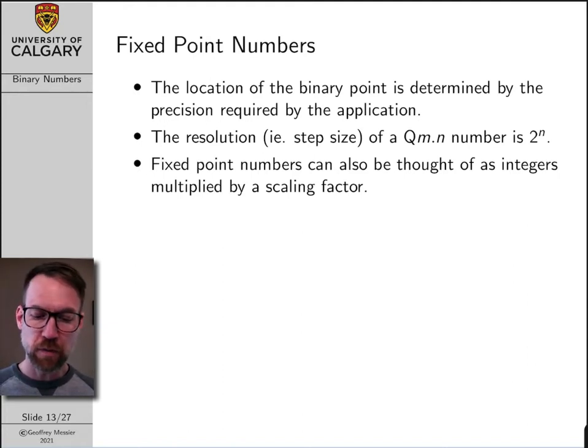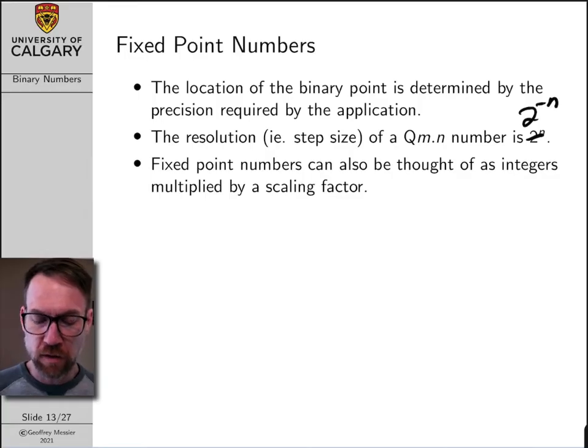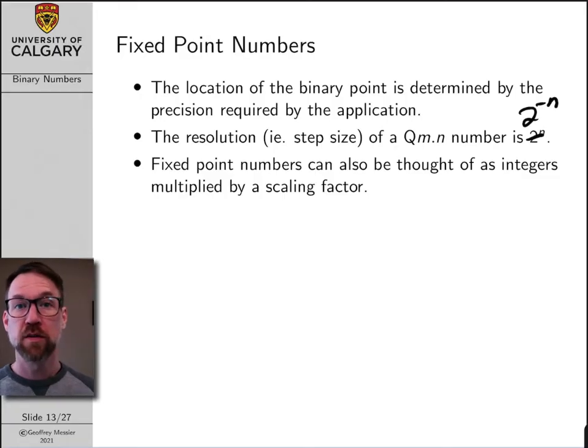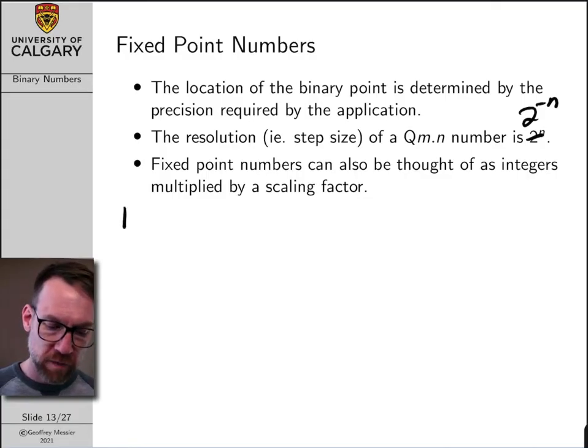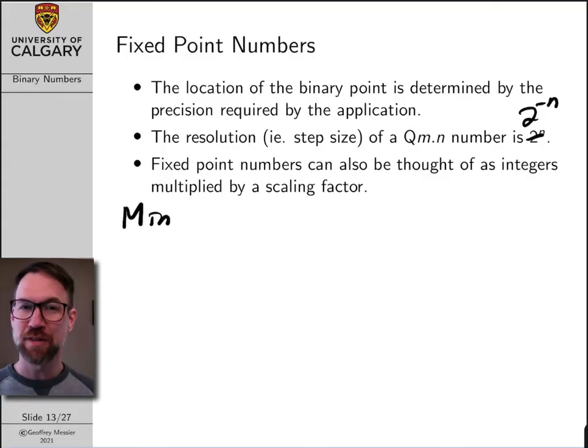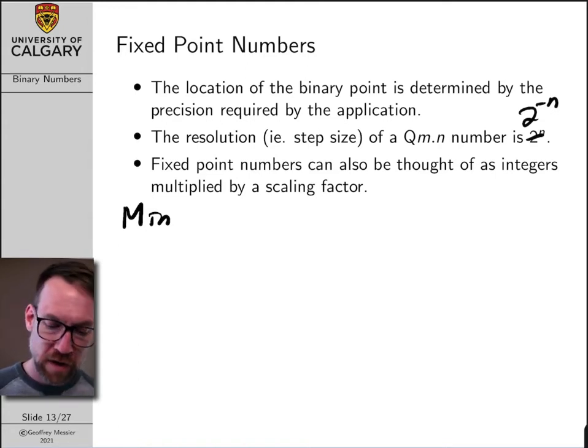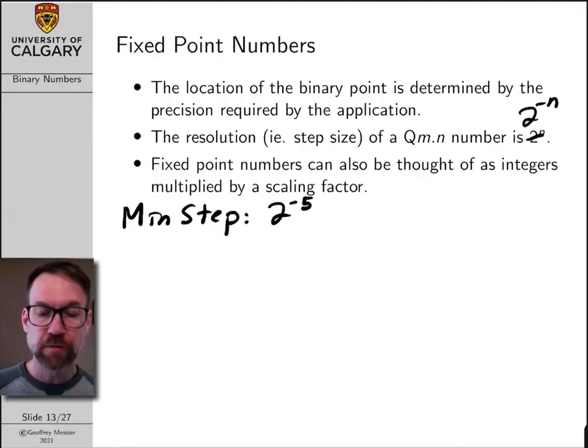Very specifically, the resolution, or in other words the minimum step size, of a QM.N fixed point number is 2 to the minus N. For example, in our previous example where we had 5 bits allocated to the fractional portion, our minimum step size would be 2 to the minus 5.